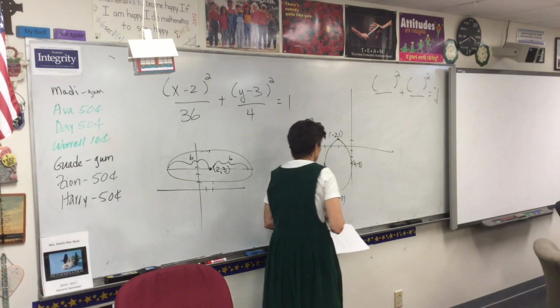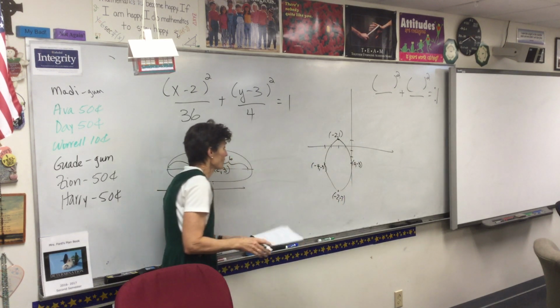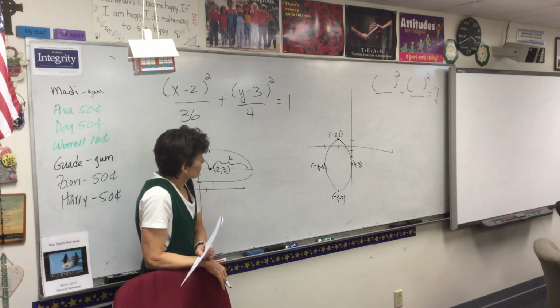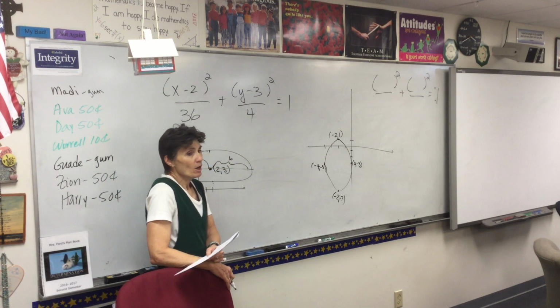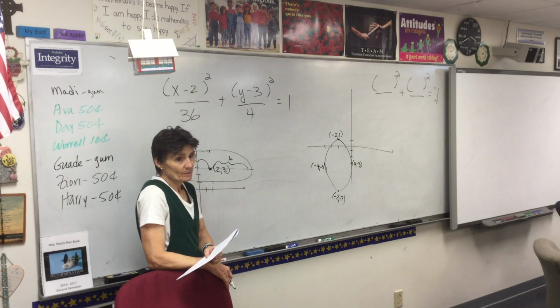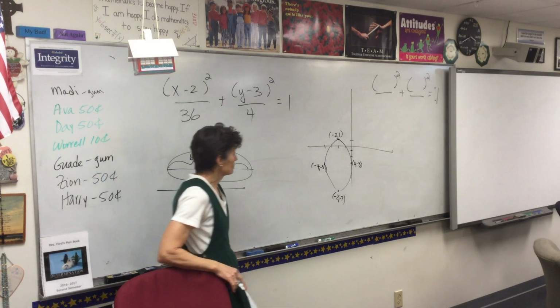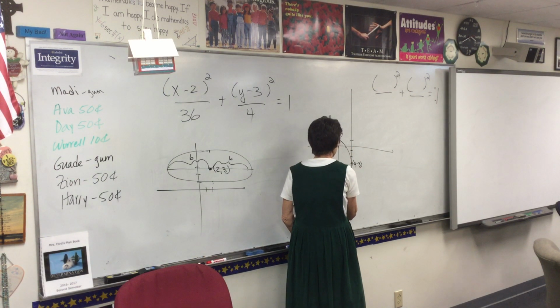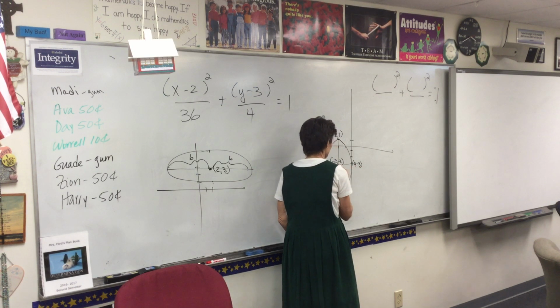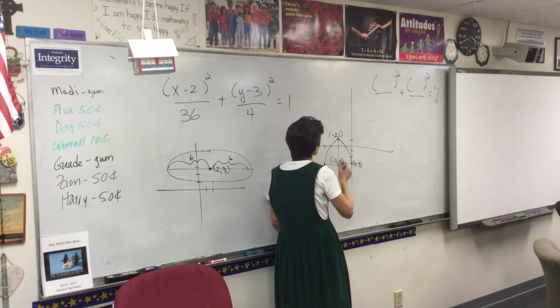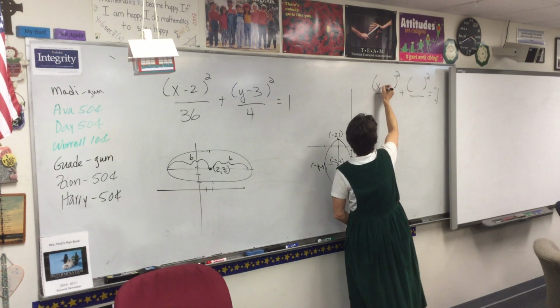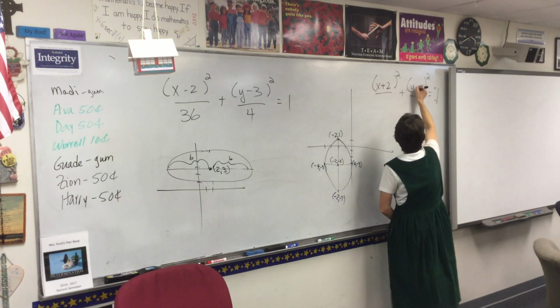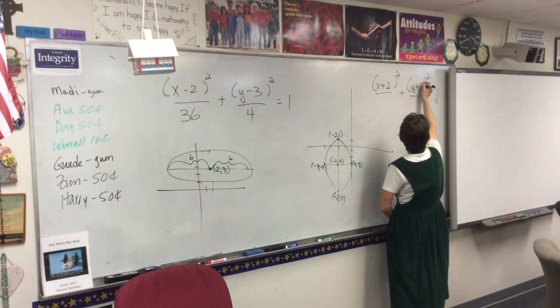So it looks like this. From that, can you figure out everything you need to know? We know the center is at -2, -3. So x plus 2, y plus 3.